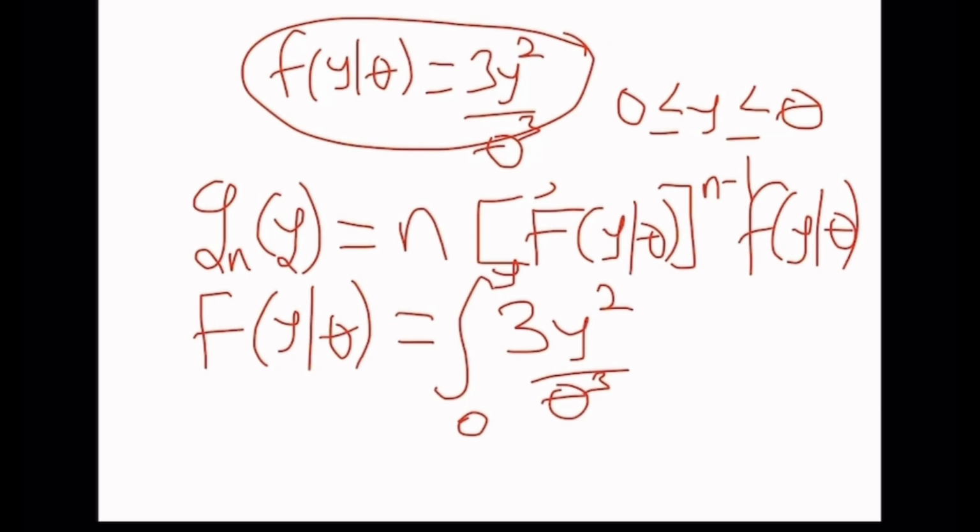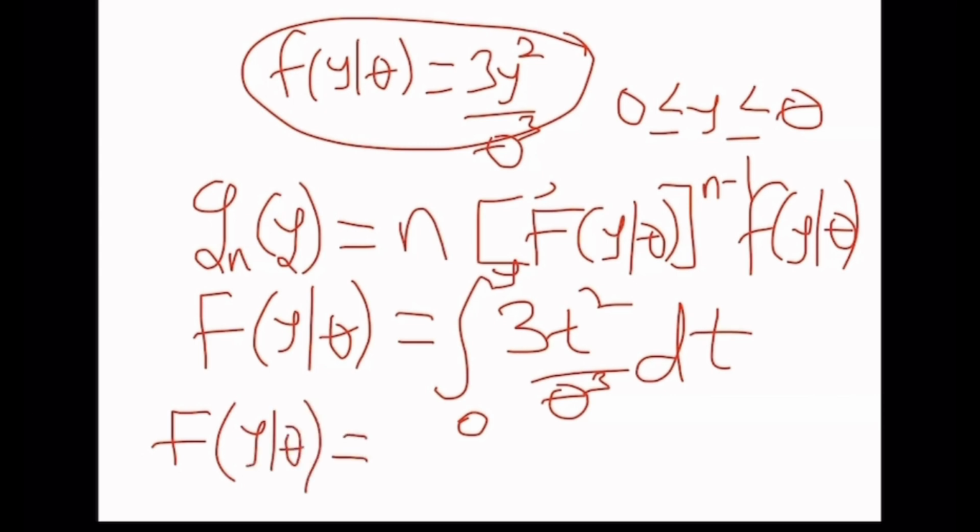I can change the variable to t squared, then dt. My F of y, I'm talking about the CDF now, which is uppercase. If you do your calculus well, it's going to be y raised to power 3 divided by theta raised to power 3.